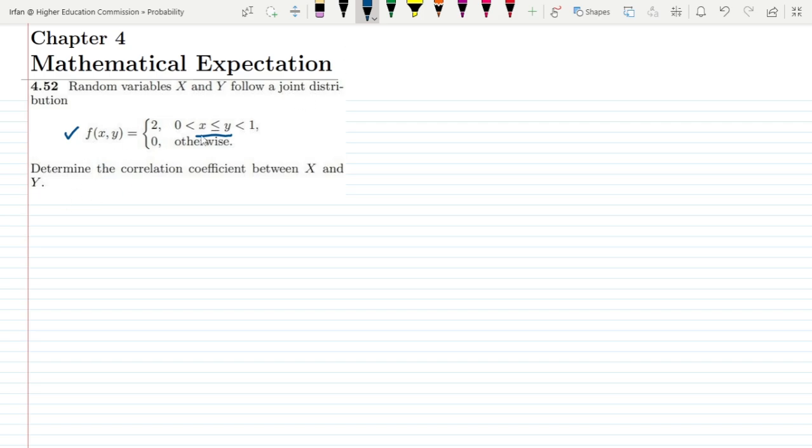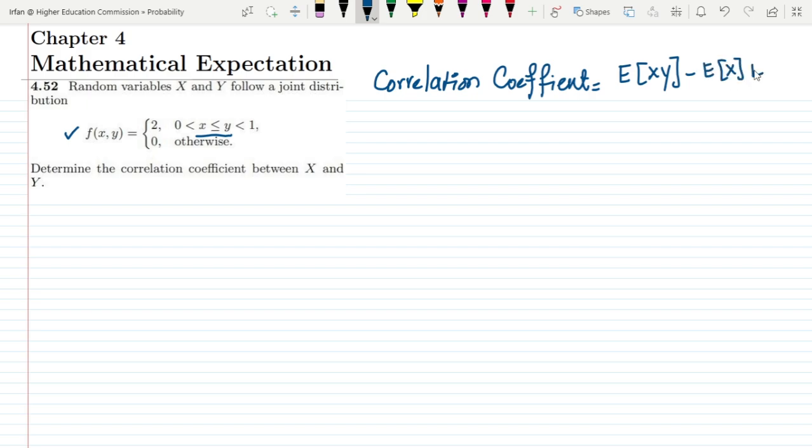This is basically the statement of the question, and in order to find the correlation coefficient, we have previously seen that the formula for the correlation coefficient is equal to E of xy minus E of x E of y, whole divided by the square root of the variance of x multiplied by the variance of y.